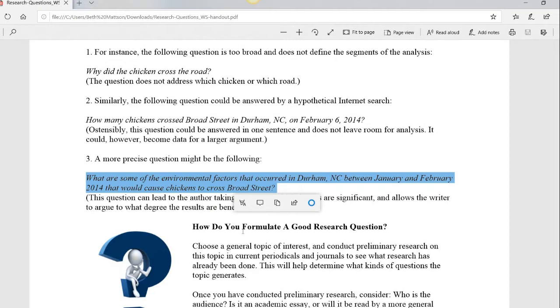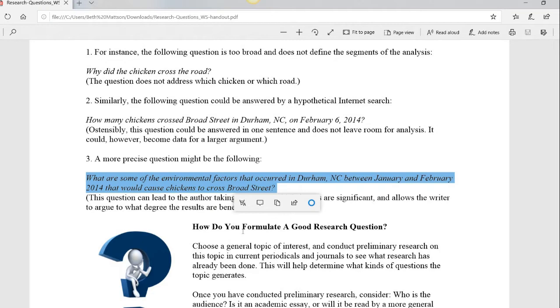So the reason this will not come down to objective truth, and people will have to declare their answers and declare their sources to back them up, is because there could be 40, 50, thousands, millions of environmental factors that occurred in Durham, North Carolina, and they would just be showing their proof for their one.